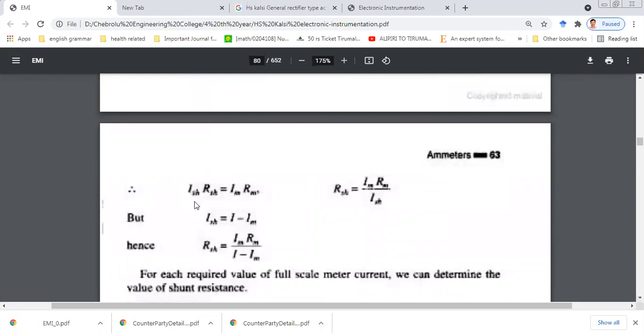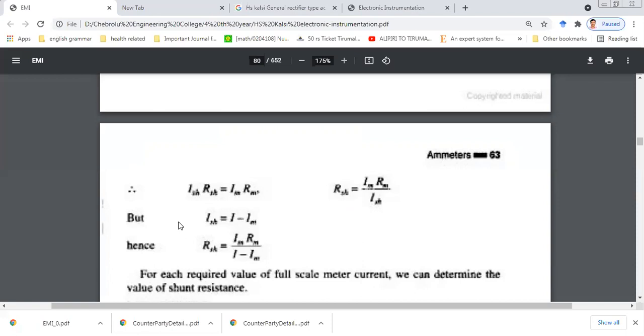V is equal to I into R. The voltage drop across the shunt is ISH into RSH, and that equals the voltage drop across the meter, which is IM into RM. With this we will get RSH is equal to IM into RM by ISH.